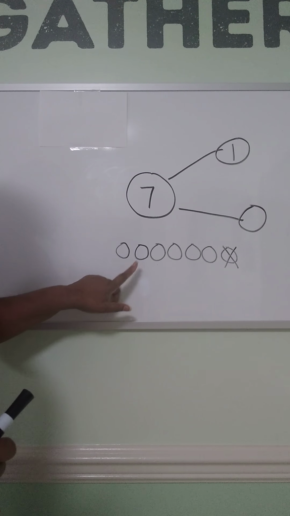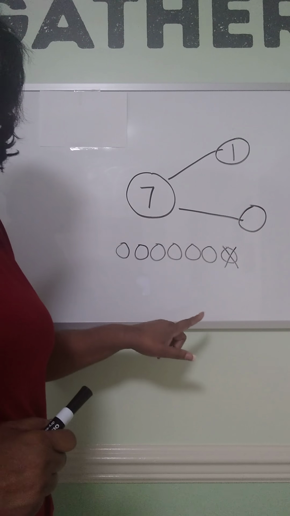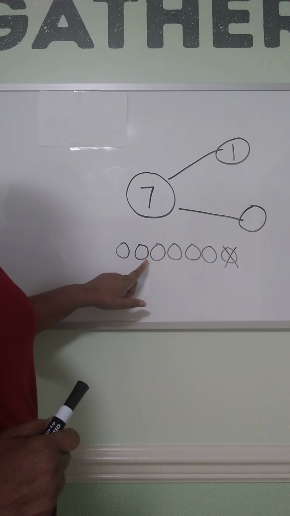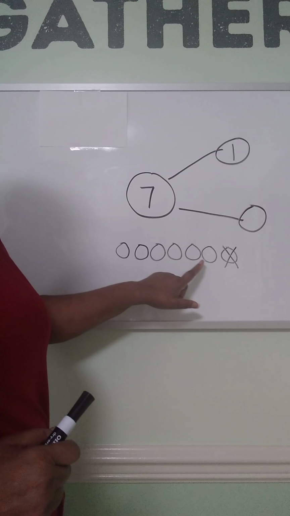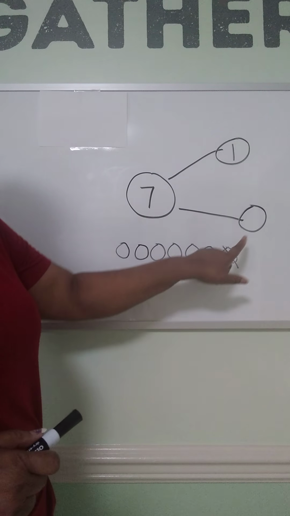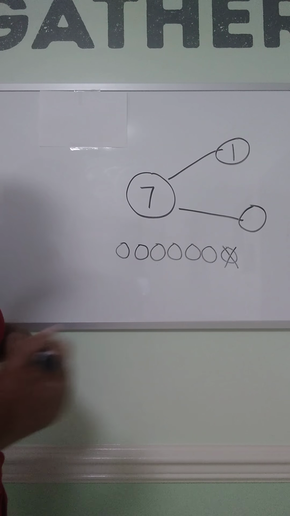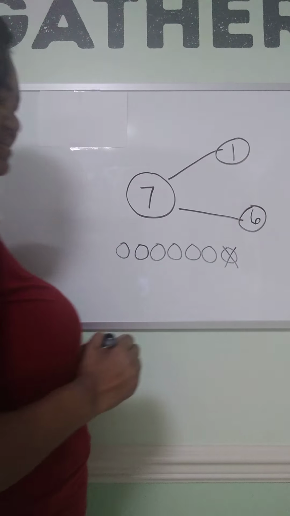Now we have to see how many circles are left. Let's count. 1, 2, 3, 4, 5, 6. So in our bottom circle, we will put the number 6.